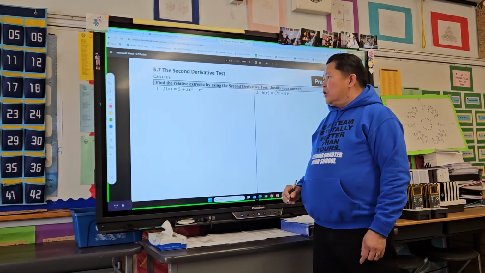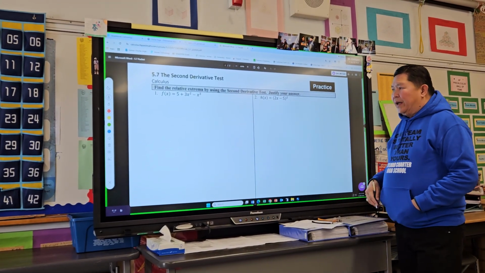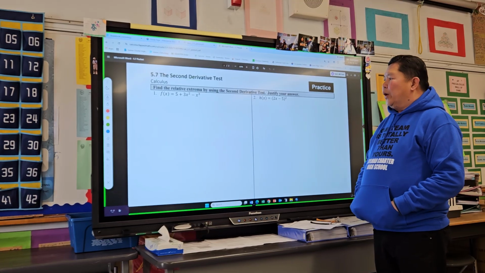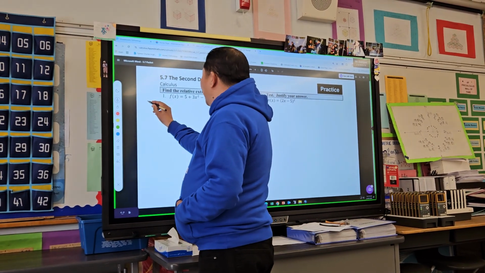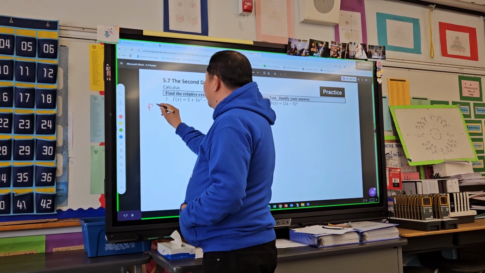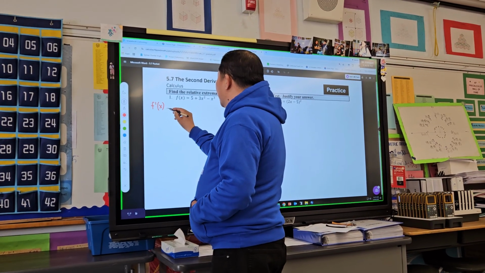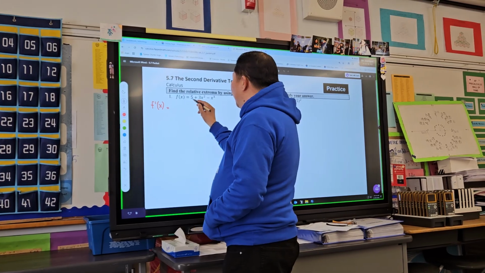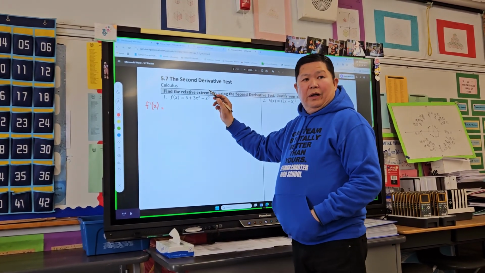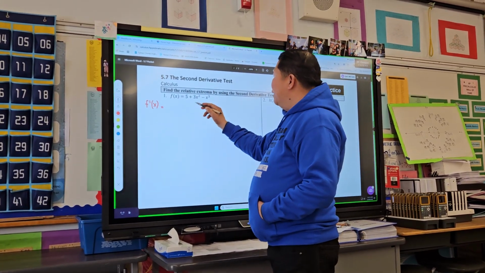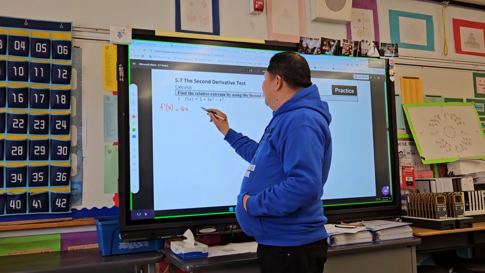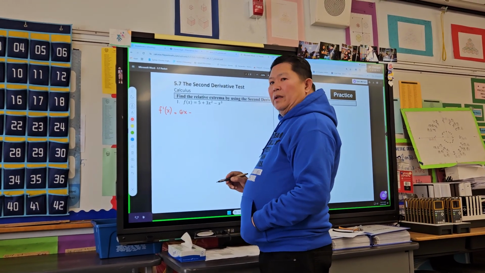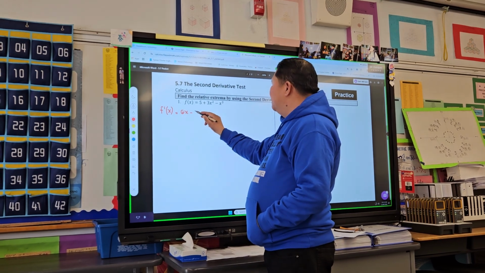Given the function f of x is equal to 5 plus 3x squared minus x cubed. So we say f prime of x is equal to, derivative of a constant is 0, so this gives us now 6x minus 3x squared.